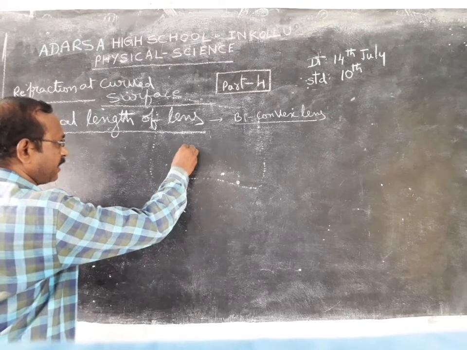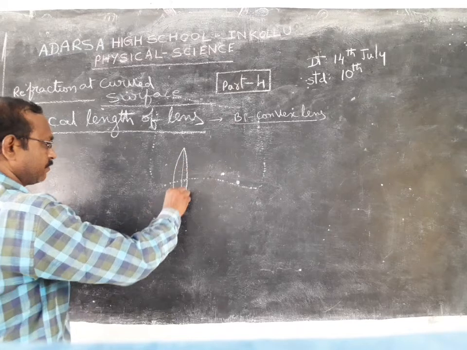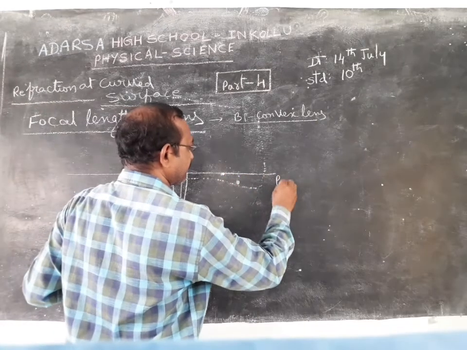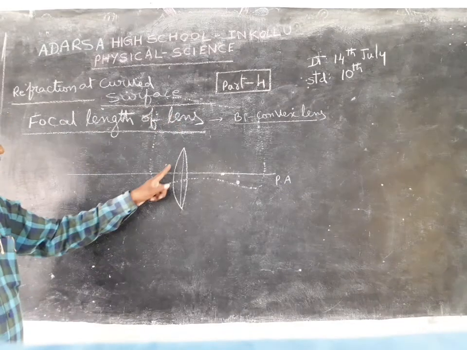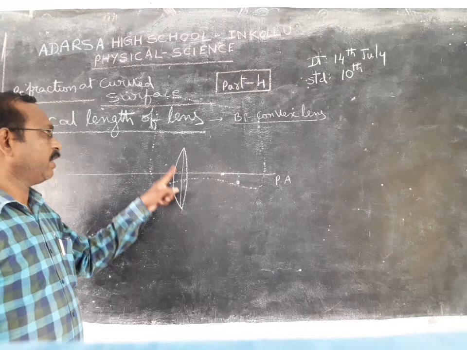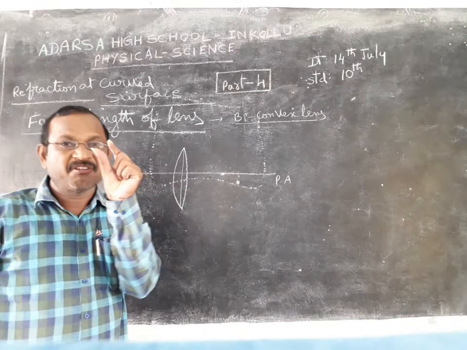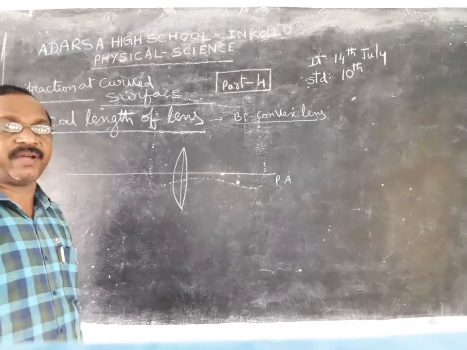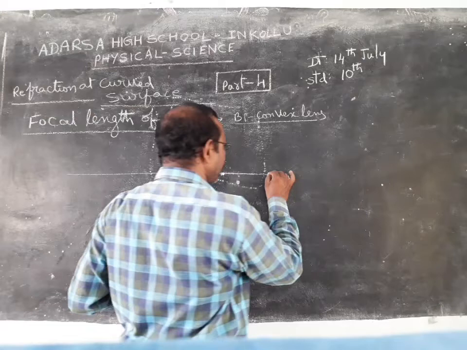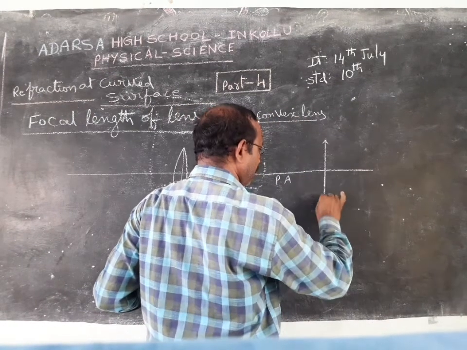This is the biconvex lens, and this is the principal axis PA. It consists of two surfaces, but we have to consider only one surface, because it has a very small thickness. Due to this, we write one more symbol like this.